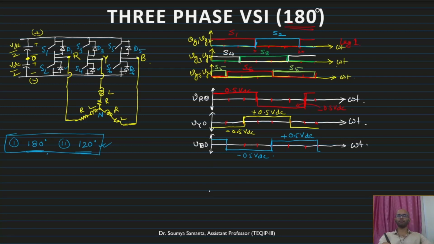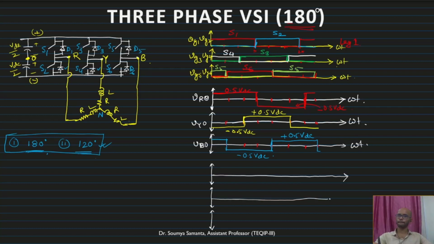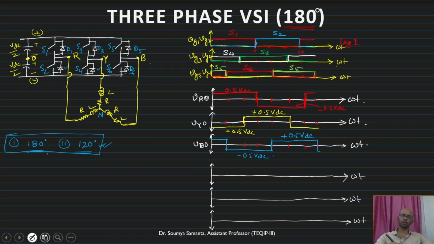Now we will find out the phase voltages. Let us draw it here. Omega t, omega t, and omega t. So first this is VRY, VYB, VBR. What are these expressions?